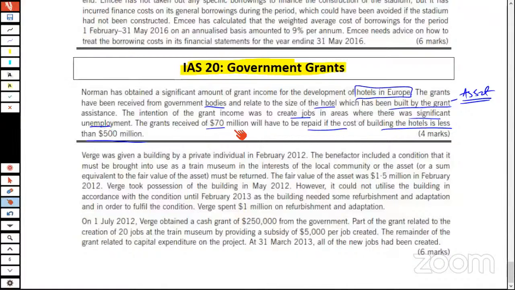The grant of 70 million will have to be repaid if the cost of the building hotel is less than 500 million. Again, it's not pertaining to how many years you run the hotel or how many jobs you create. No, it's not like this. It's actually upon whether the hotel that you construct is of more than $500 million or not. Don't try to misinterpret it, please.